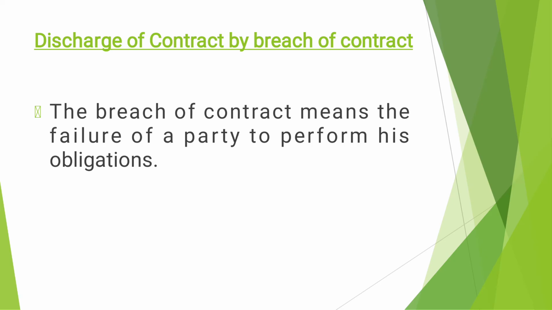Next one is breach of contract. In case of breach of contract, the aggrieved party is relieved from performing his obligation. That is, it may arise in the form of anticipatory breach of contract or actual breach of contract. First, you have to know what is breach. Breach means when one party breaks the terms of an agreement between two or more parties.